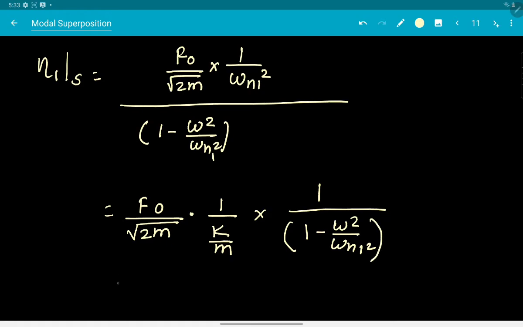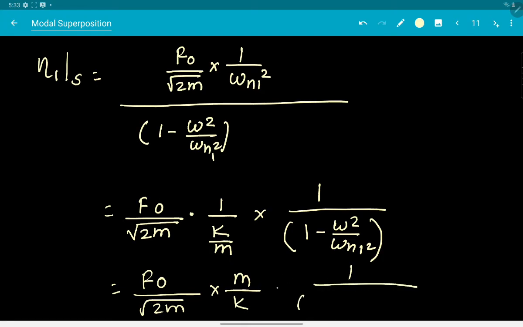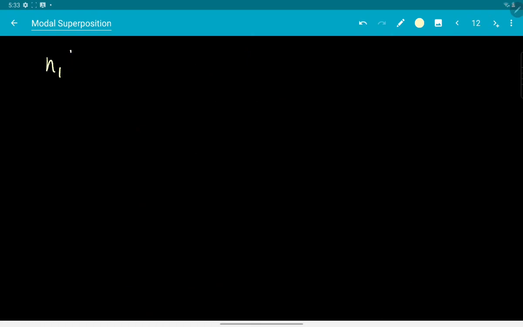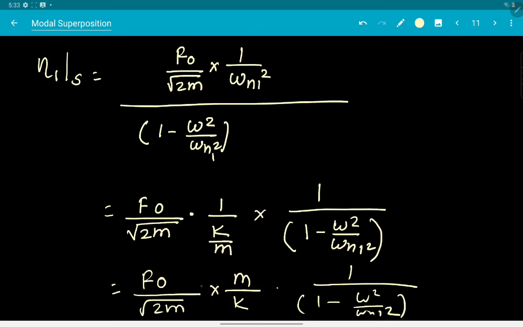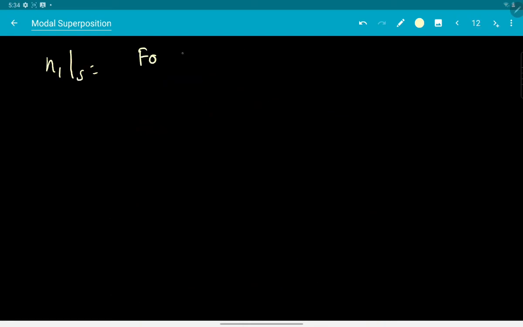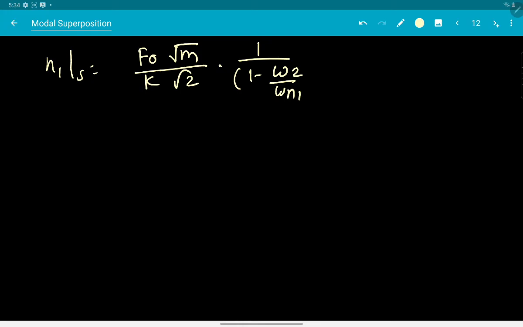So that comes out to be equal to f0 by square root of 2m, and here you have m sitting over here, and then k, and then it is 1 over 1 minus omega square by omega n1 square, which comes out to be equal to, now you will be left with f0 square root of m divided by k square root of 2 into 1 over 1 minus omega square by omega n1 square.